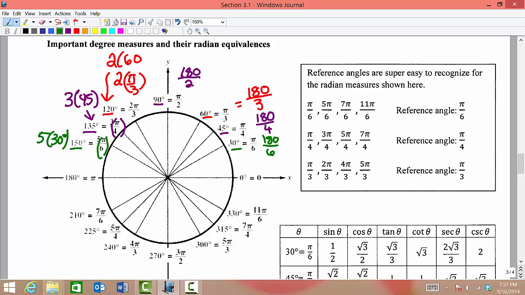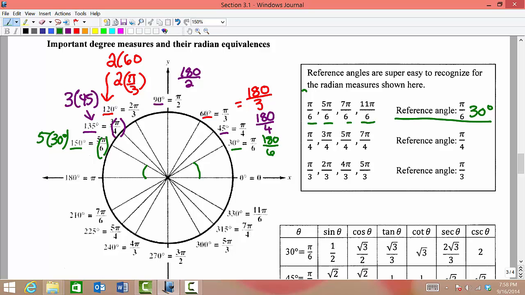Now, one thing that we will notice is that it's really easy to work with the reference angle families when they are written in radians. If it has a pi over 6 in it, that represents our reference angle of 30 degrees. So pi over 6, 5 pi over 6, 7 pi over 6, and 11 pi over 6. All the pi over 6's basically are called the pi over 6 family, the reference angle family, and that's the same thing as 30 degrees.